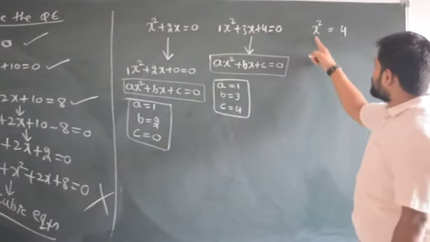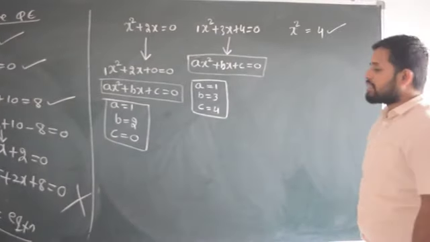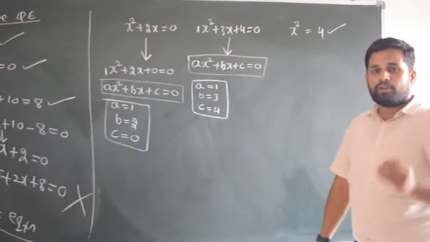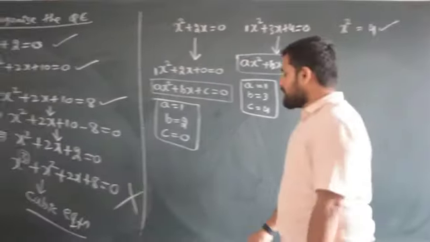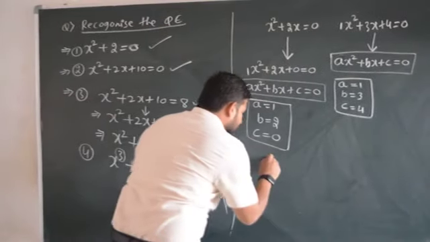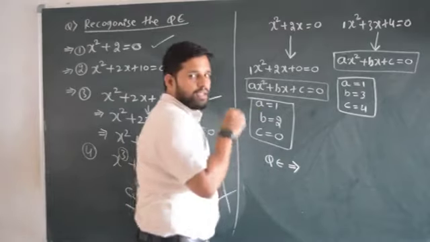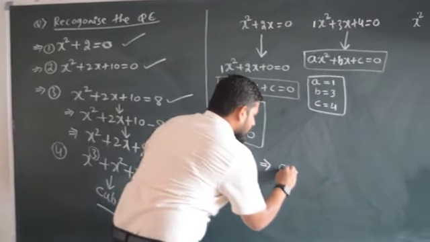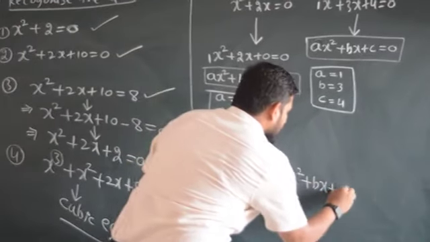Now look at this. This may be looking like x square is equal to 4. I told you already it is a quadratic equation. Then it must be represented in the form of ax square plus bx plus c equal to 0. Actually what I wanted to tell you is, if something is a quadratic equation, then it must be represented in the form of ax square plus bx plus c is equal to 0.